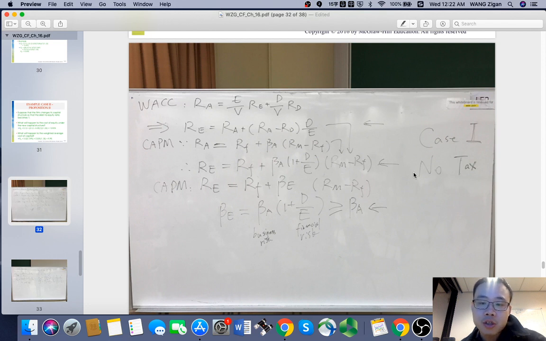So comparing these two, you will find that if these two both hold, then RE should be beta A times (1 plus D/E). This part is financial risk. This part is business risk. Okay, the beta A is business risk.